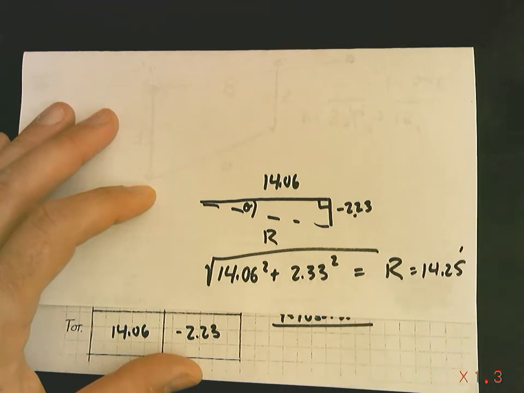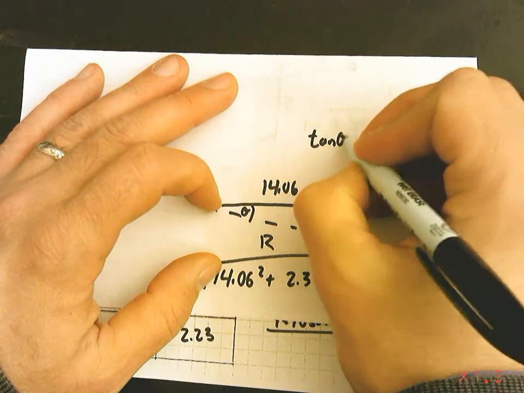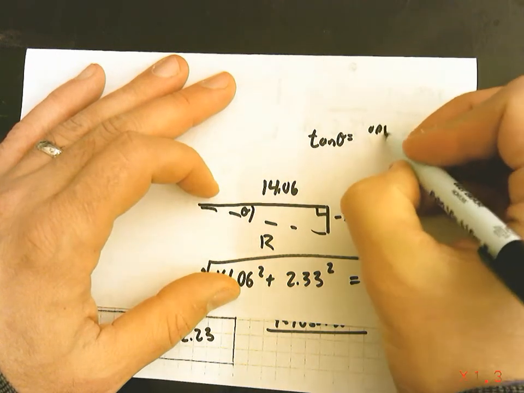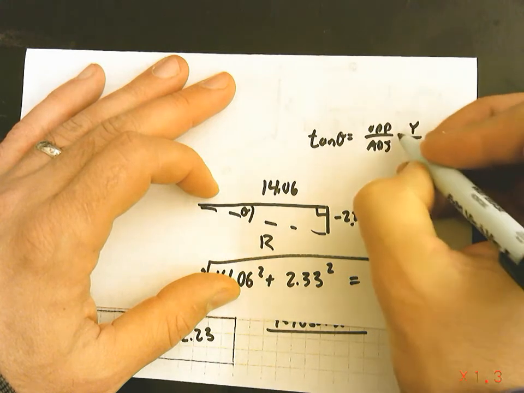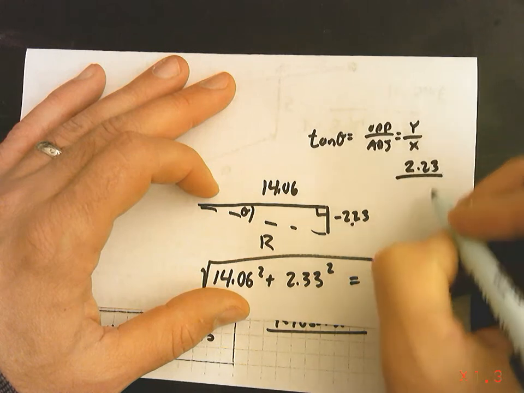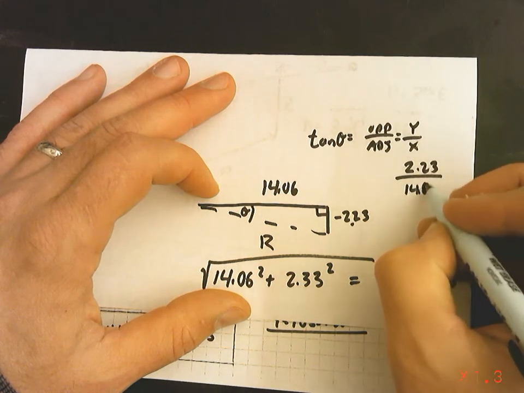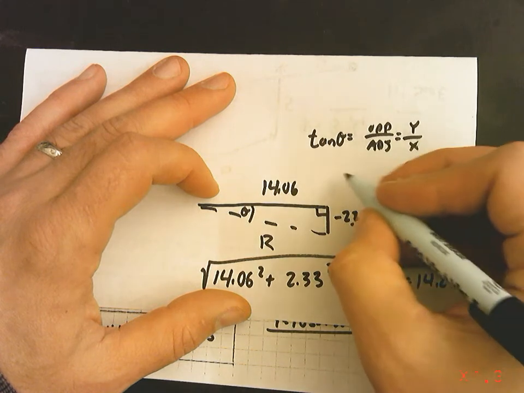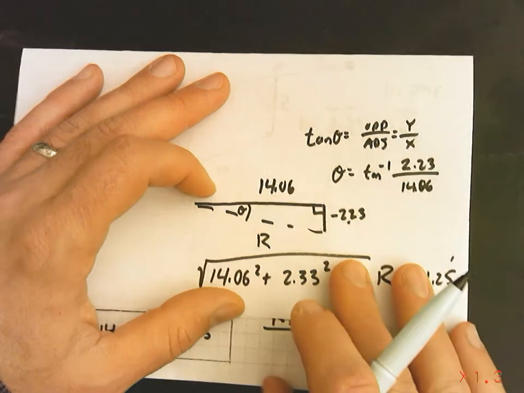And then to find the angle, I can do inverse tan. We know that tan of theta is equal to the opposite over the adjacent. In this situation, the opposite is y and the adjacent is x. So another way to say that would be 2.23, notice I dropped my negative, divided by 14.06 is equal to tan theta. To get theta by itself, I have to take inverse tan.